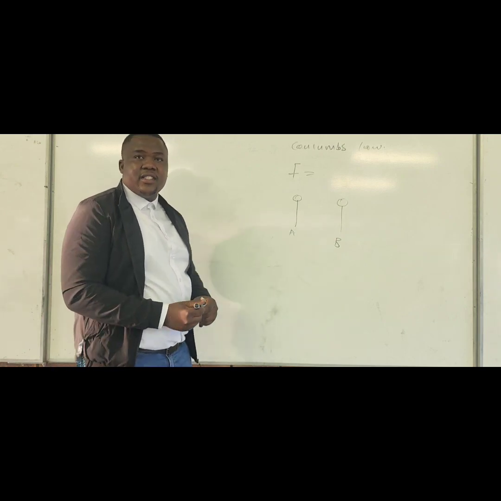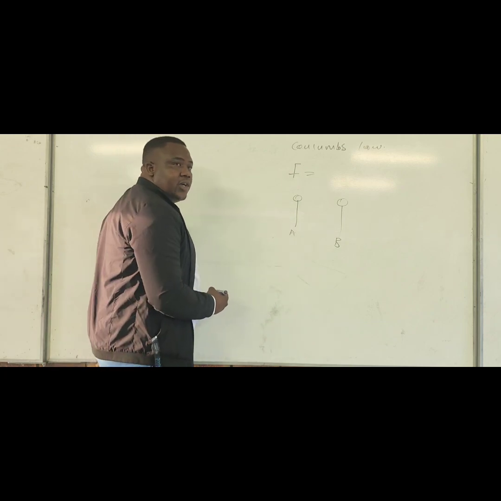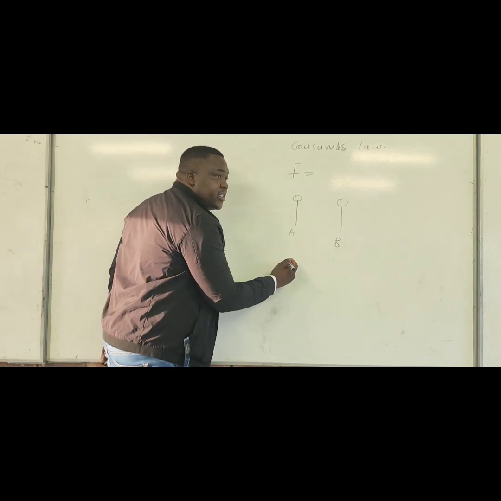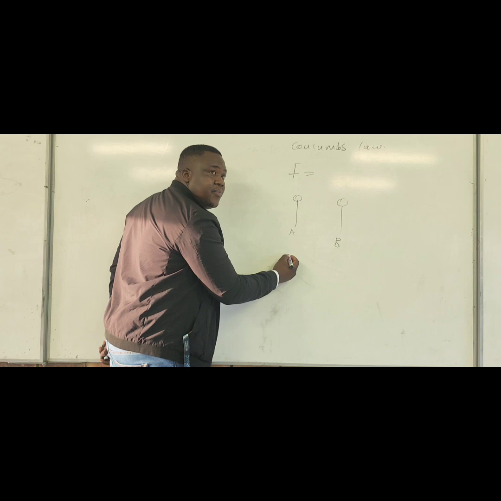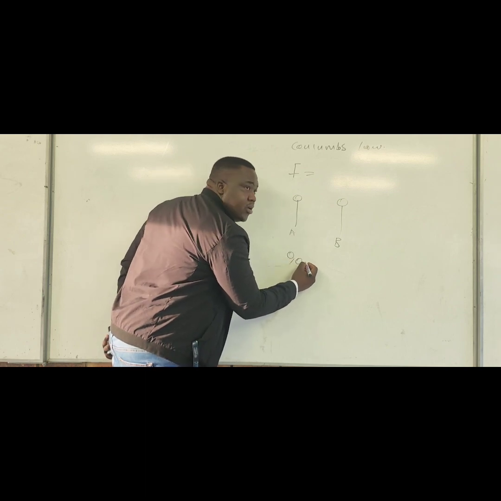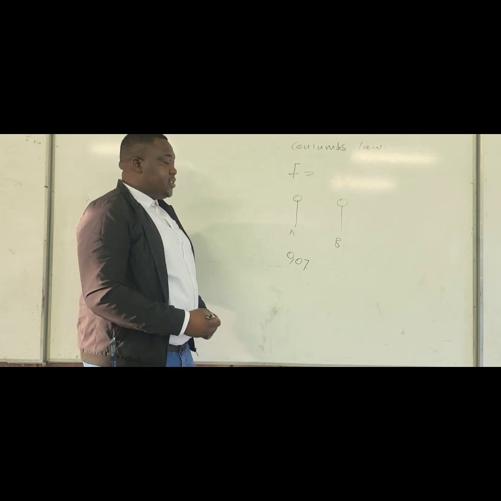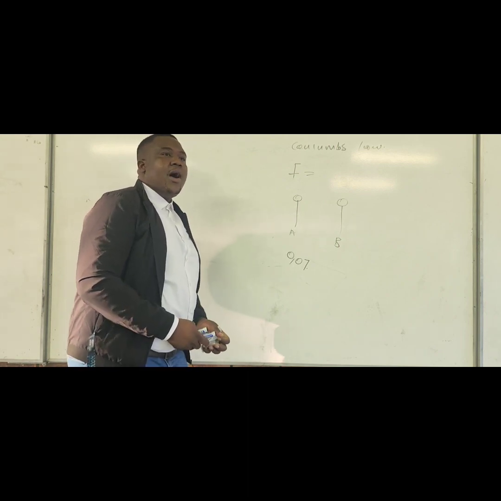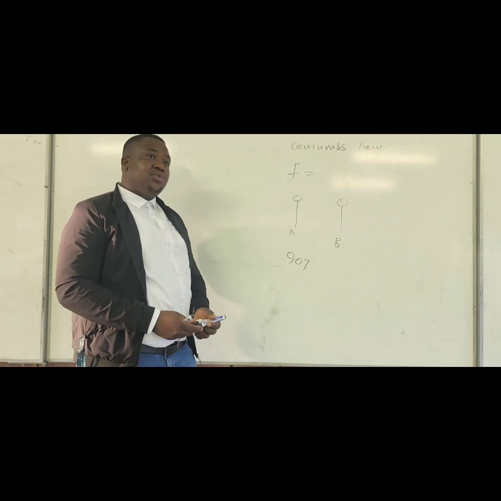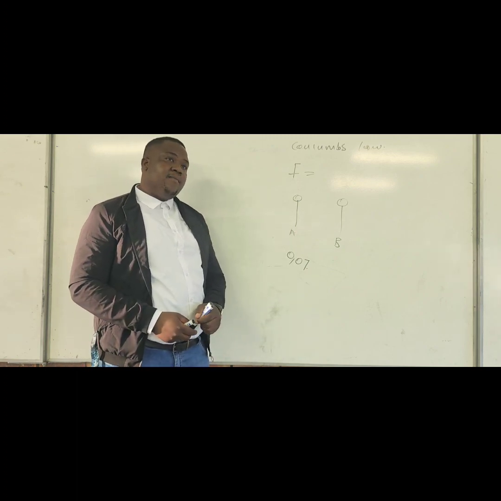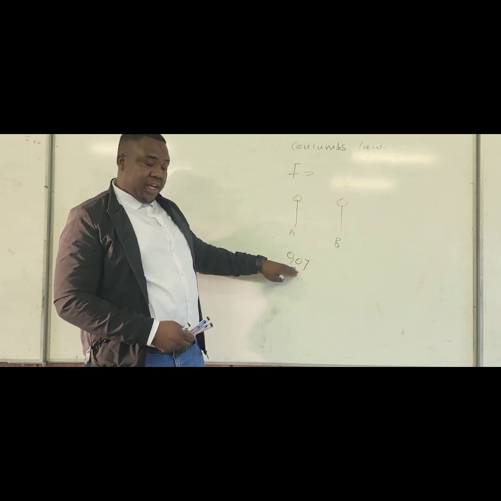They give you that the electrostatic force between the two charges is 0,07. I'm just making up these numbers for me to revise with you, so this is not real.